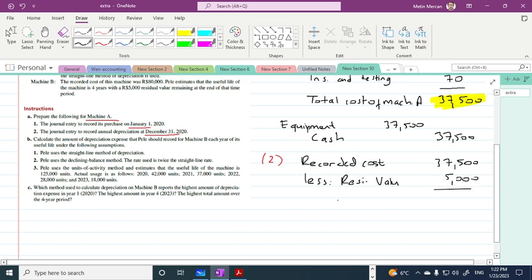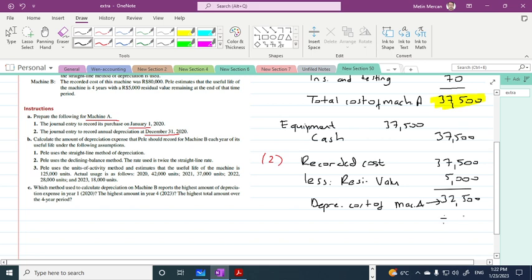So we find $32,500. This is the depreciable cost of machine A. All right. So we need to depreciate $32,500 throughout the 5 years.